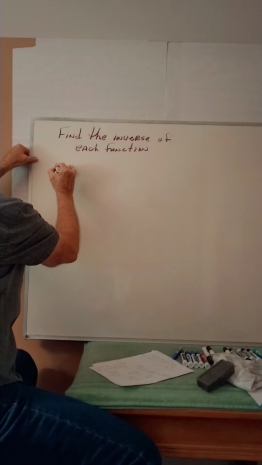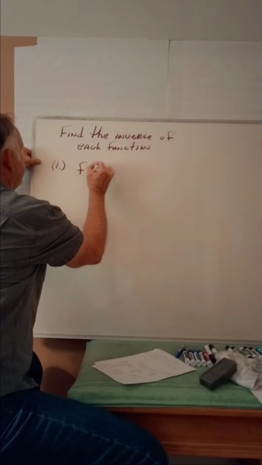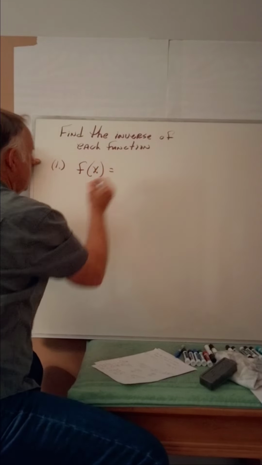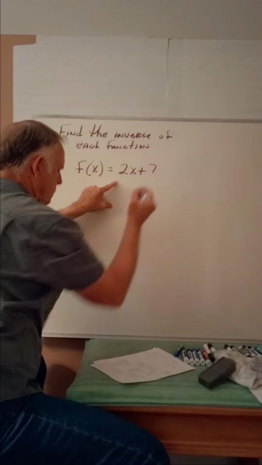And we're going to start off with this one right here. f of x is equal to 2x plus 7.